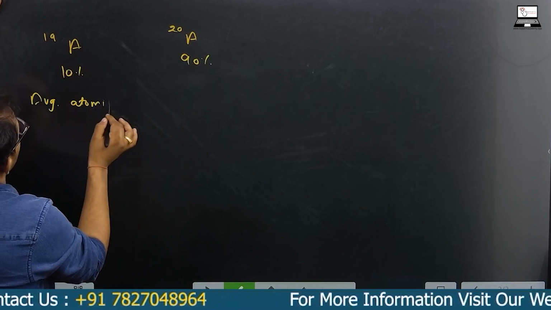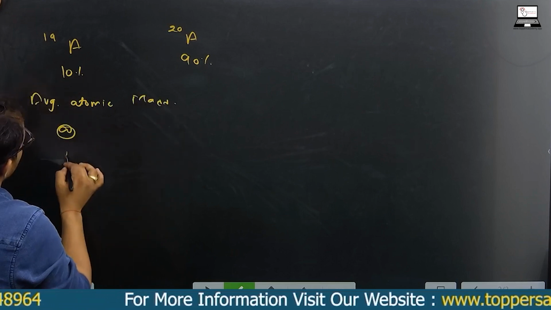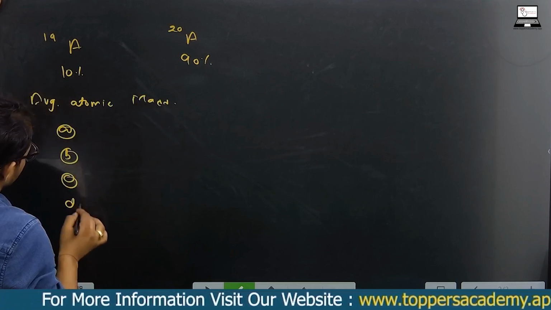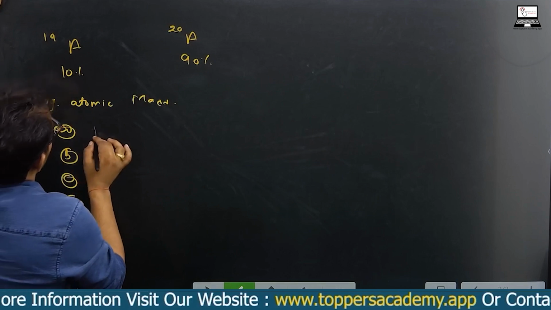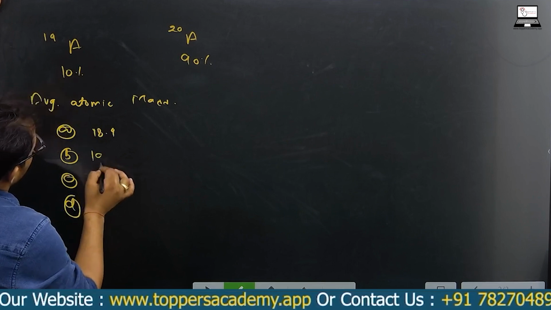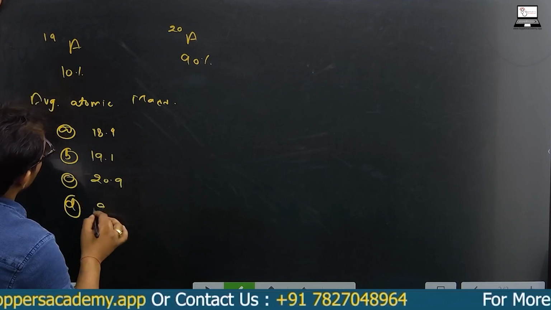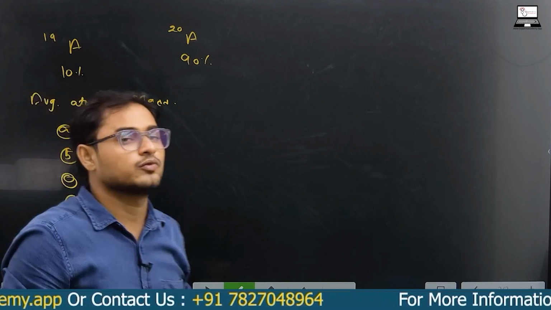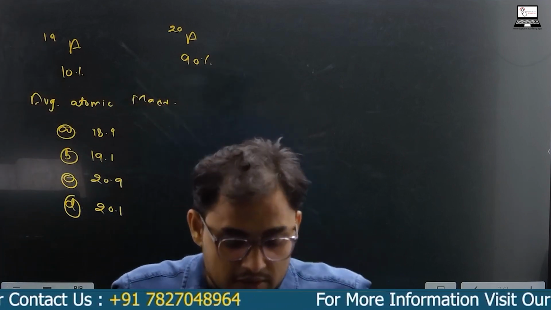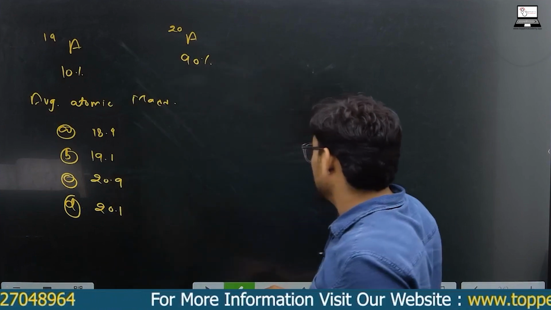It is the question, my dear students. Options are: 18.9, 19.1, 20.9, 20.1. These are 4 options, my dear students, right? Now we have to find the answer using the trick.